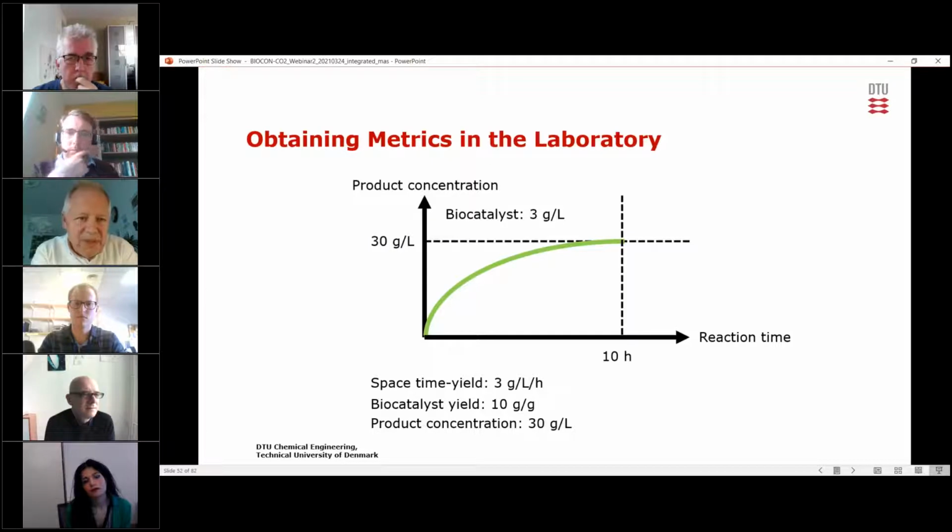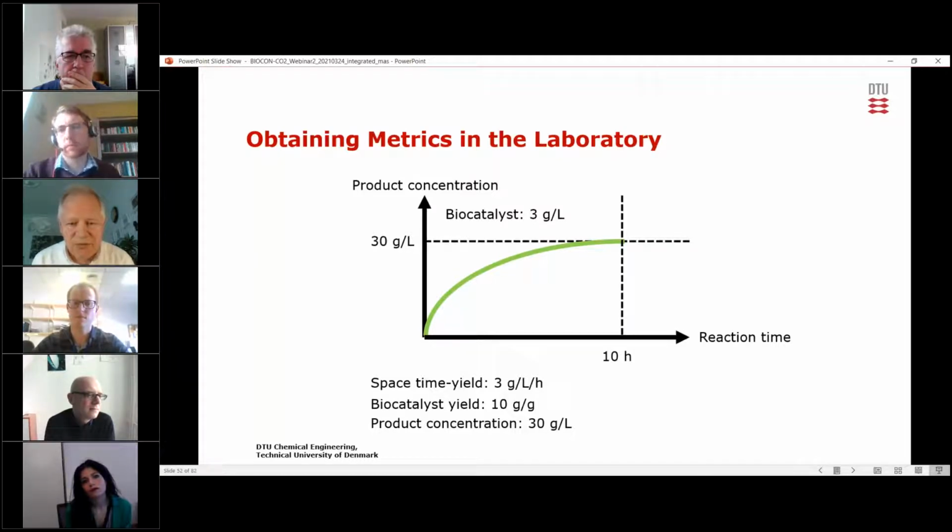To obtain some of these metrics, we can even get started in the laboratory relatively soon to make these kind of measurements. So here I show a very simple reaction you can run in the laboratory, product concentration against time. We put in 3 grams per liter of biocatalyst, we run it for 10 hours, we obtain 30 grams per liter of product, and this gives us a space-time yield.